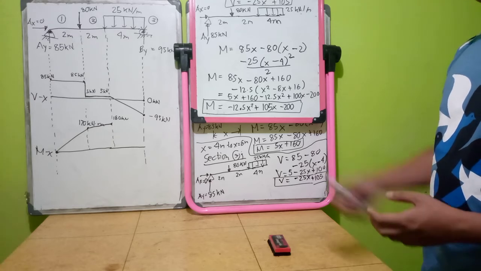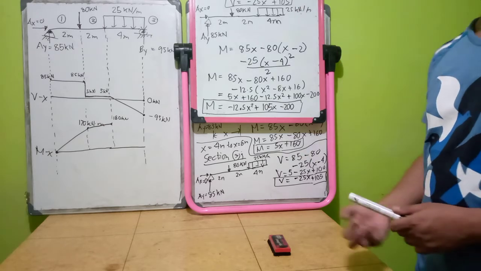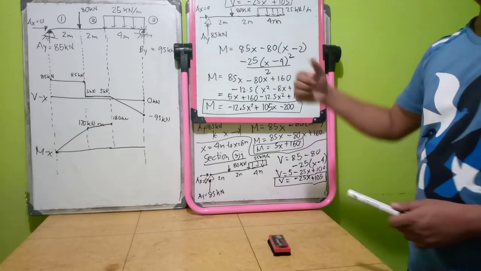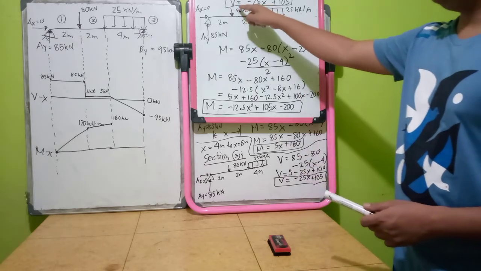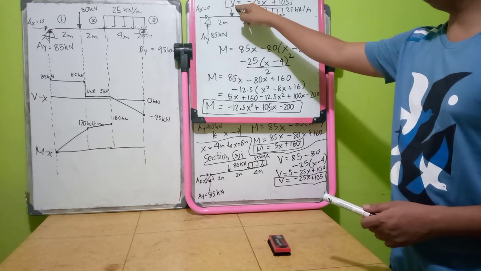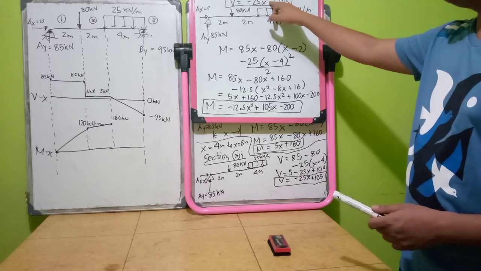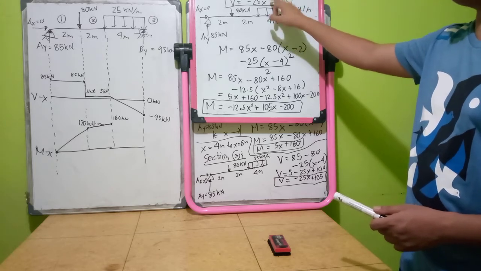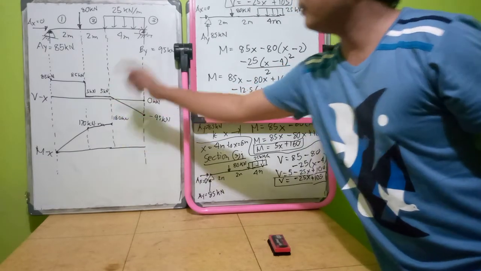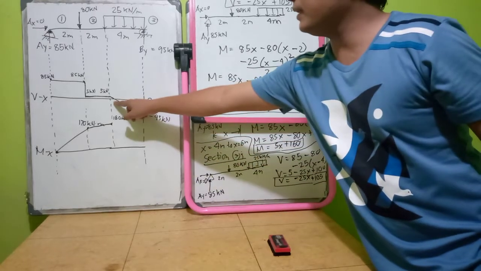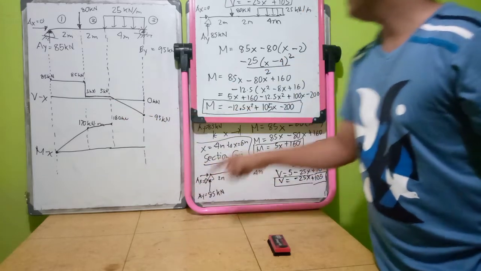We can actually do another thing. We can locate your maximum moment by equating your V to 0. So here, you can see in section 3, there is actually a value on our moment diagram in which your shear is 0.